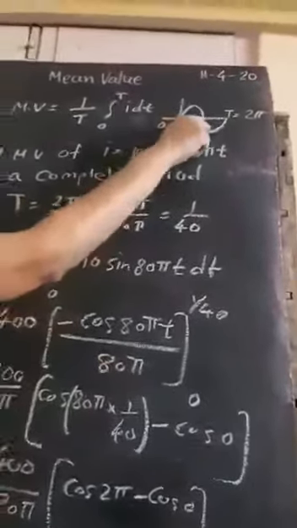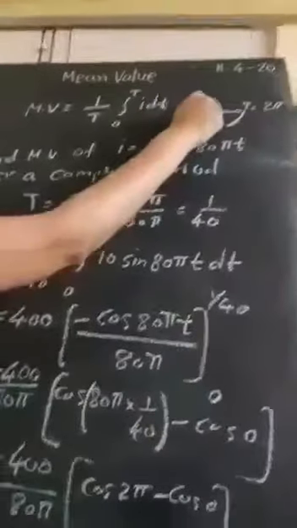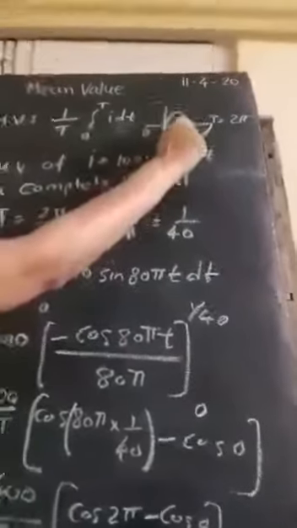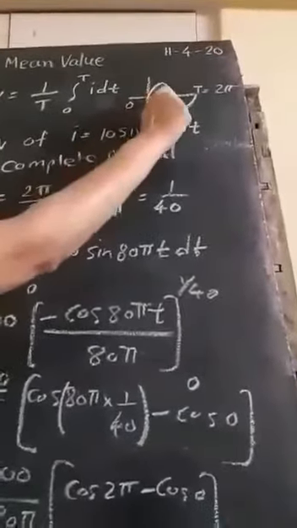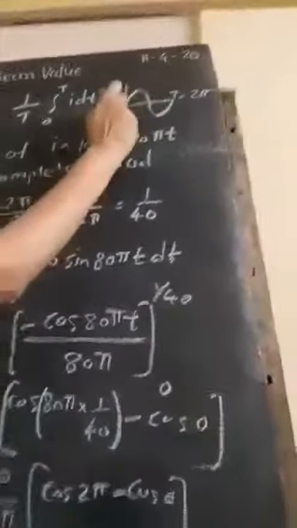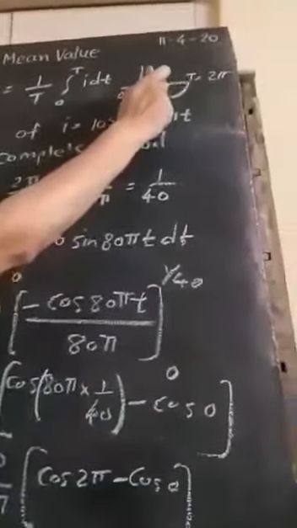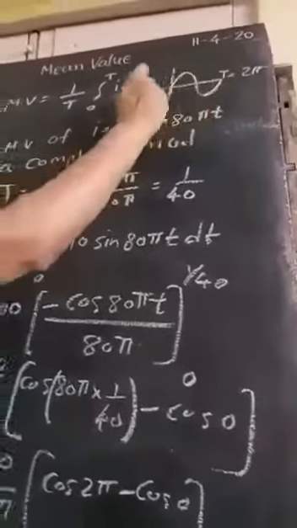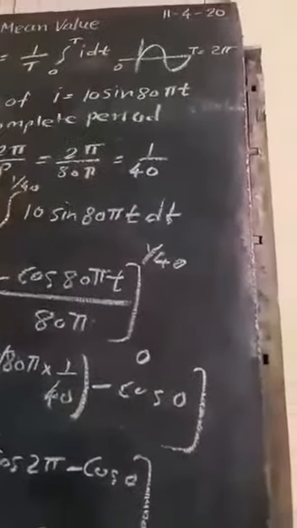So half the curve is above the x-axis, half the curve is below the x-axis. Above area will be positive, below integration will be negative. So whatever is the integration from 0 to pi, the same is from pi to 2 pi, but with a minus sign. So the final effect will be 0.